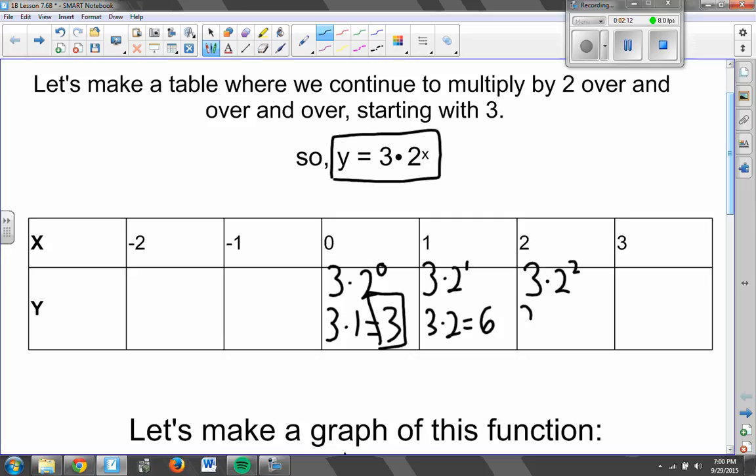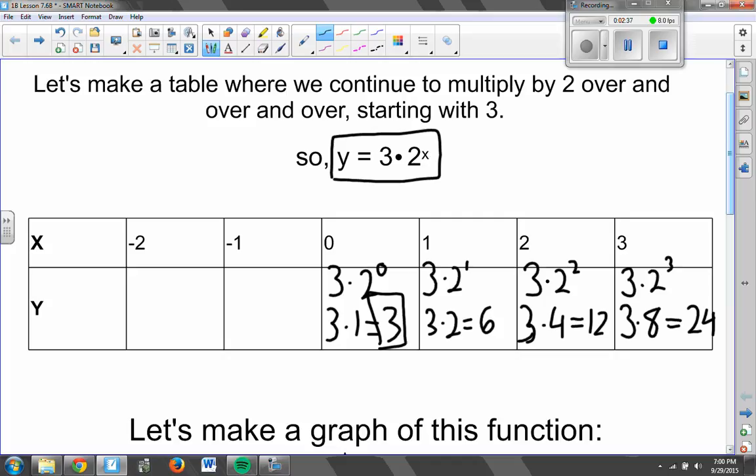And we know 2 to the second power is 4. So 3 times 4, that is 12. One more time, 3 times 2 to the third power. We know that 2 to the third power is 8. So we have 3 times 8, which equals 24. Right? So there's all my positives.